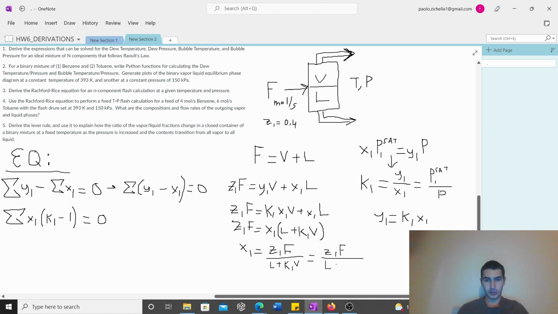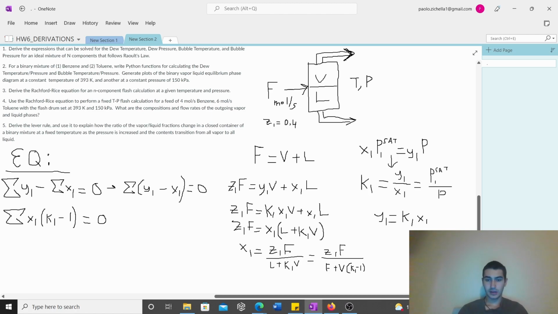We were writing for L, sorry. So now we have F minus V plus Ki times V, so I'm just going to do F plus V multiplied by Ki minus 1. It's the same thing, just trying to simplify this out.